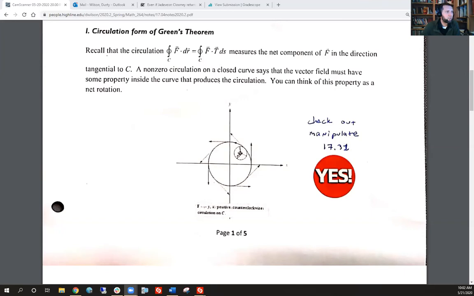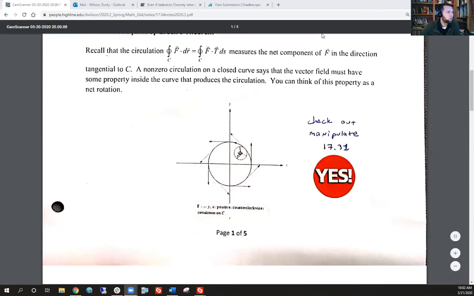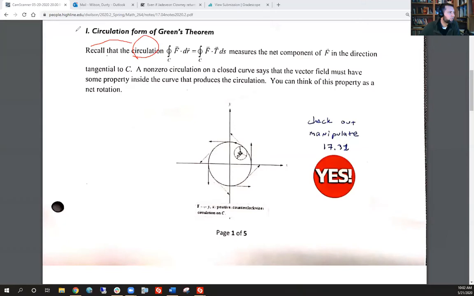So recall that the circulation, the line integral of f dot dr, equal to the line integral around the closed path of f dot T ds, measures the net component of f in the direction tangential to C. So remember tangential, and there you've got the T. This is going to be important when we get to the next version of Green's theorem.